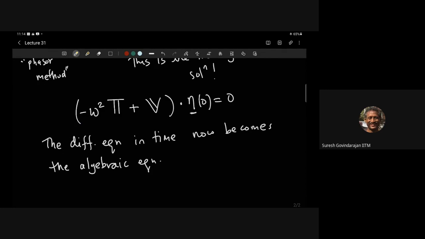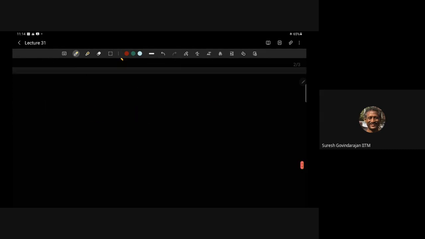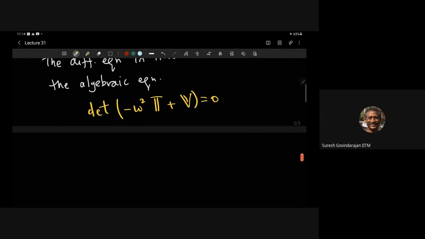We want to have non-trivial solutions. This is like n linear equations. When will they have a solution? Minus omega square T plus V should not be invertible. So the determinant of minus omega square T plus V is zero.